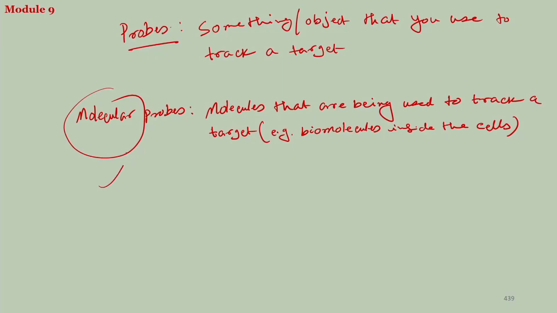So, it usually has two parts. One is, of course, you need a molecule that can bind to a target inside the cell, maybe outside the cell also, in vitro, in vivo, both. So, you need a certain molecule that will go and be bound to the target. That is one part. The second part is there has to be a tracker. So, it should contain two components. One is the binding domain.